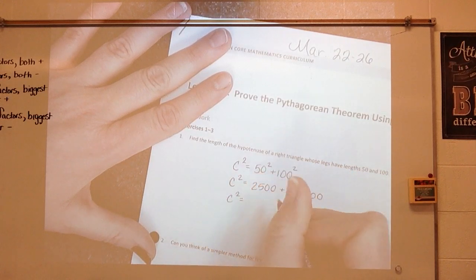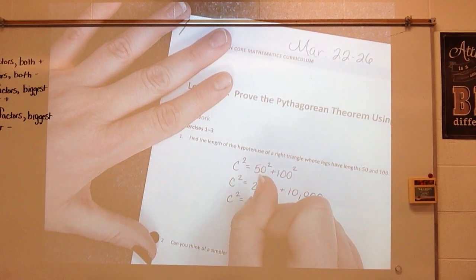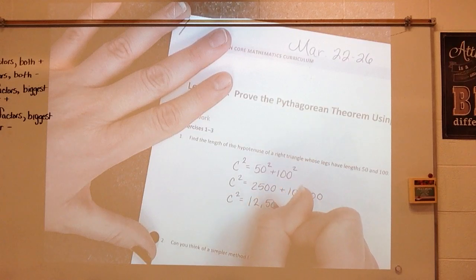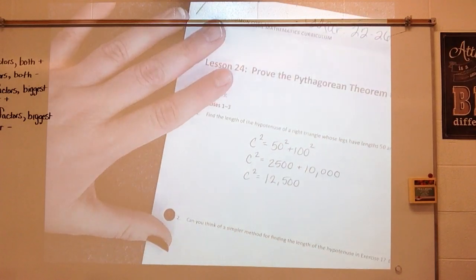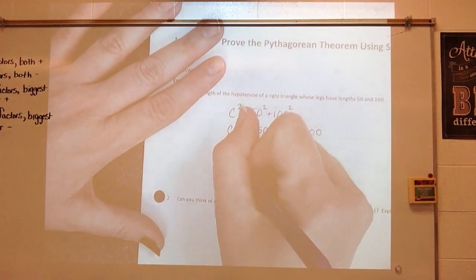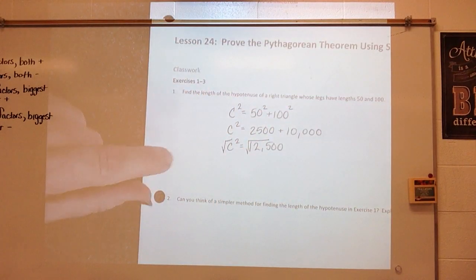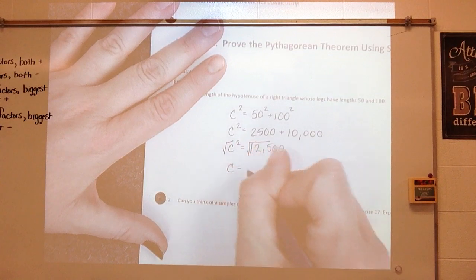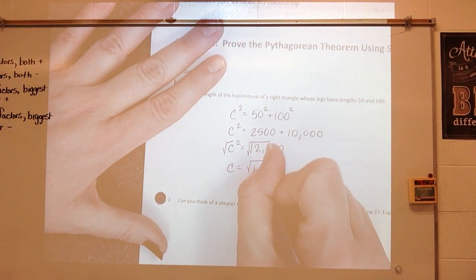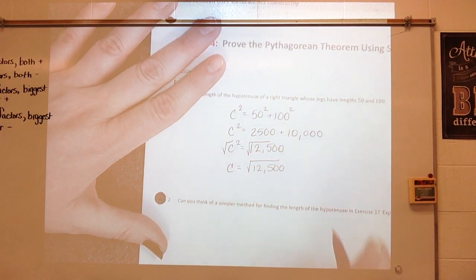So I get C squared is equal to 12,500. In order to get rid of the square of a number or a variable, I take the square root of that. So C is equal to the square root of 12,500.